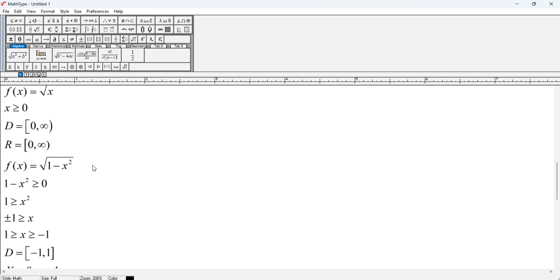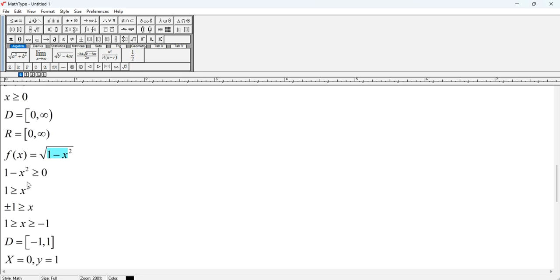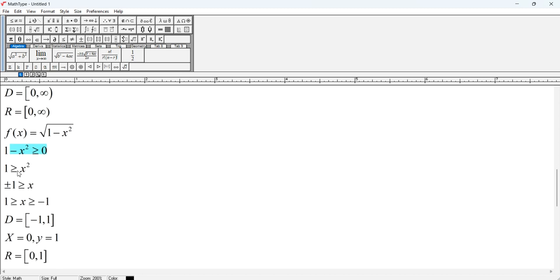Let's discuss this question. f of x equals the square root of 1 minus x squared. This expression should be larger than or equal to 0. I'm gonna solve this inequality. I moved x squared here. We should take the square root of both sides, so plus or minus 1 is larger than or equal to x.